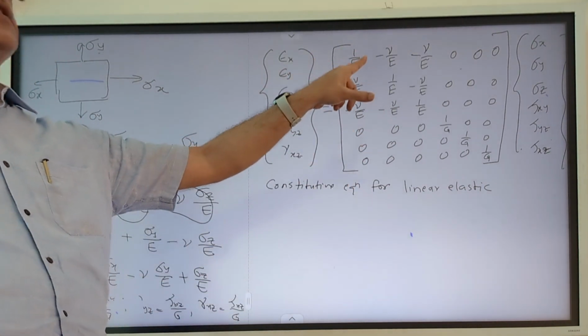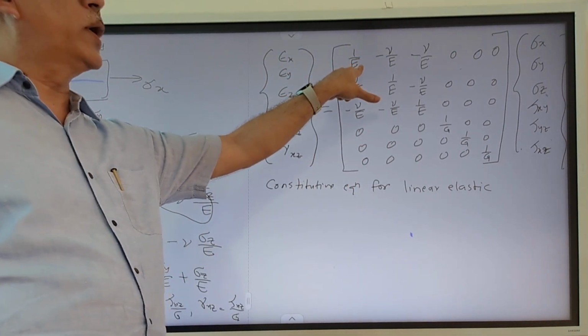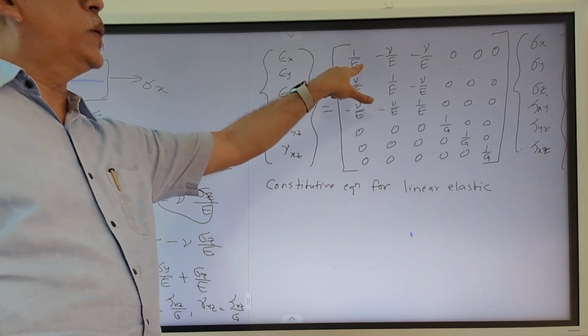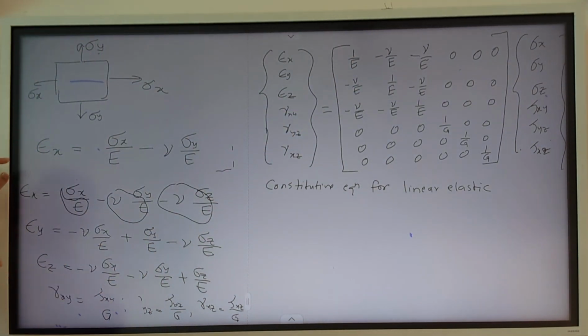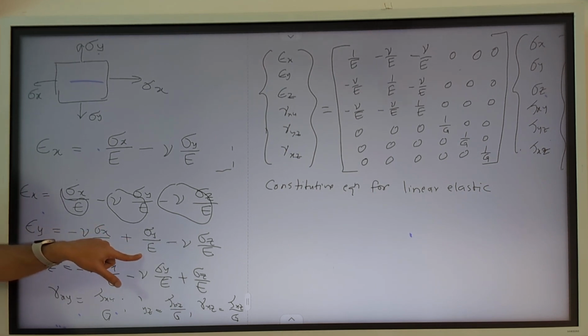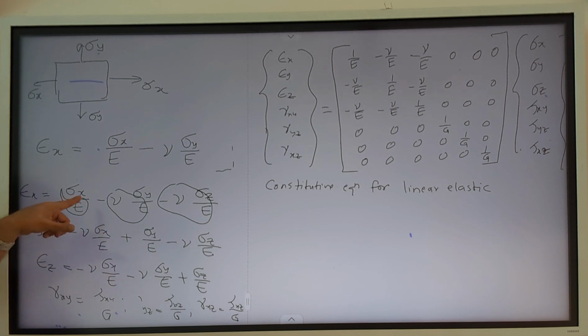And also we are considering the E value. If you notice here, the equation that we are using is epsilon x equal to sigma x by E. Here we are saying epsilon y equal to sigma y by E. So the E is not changing.